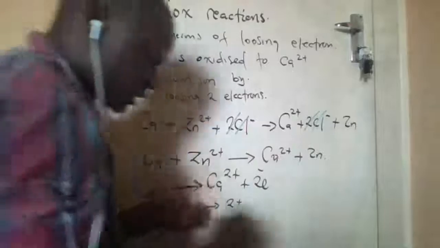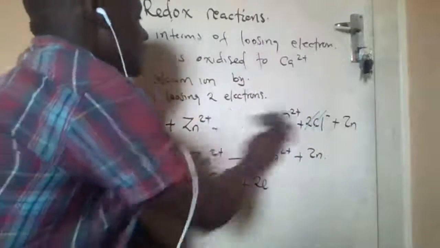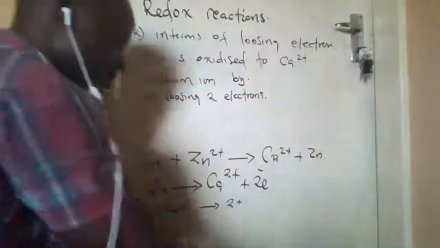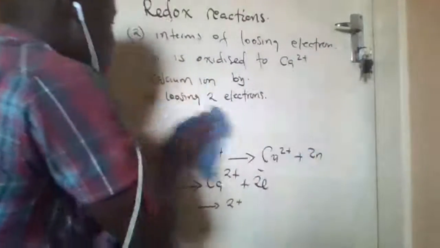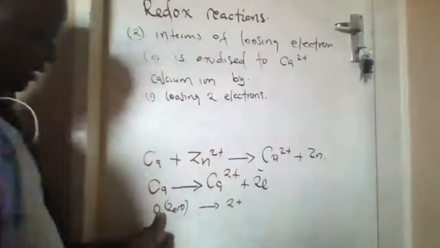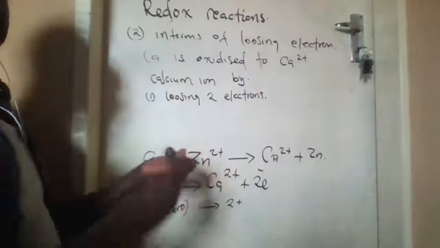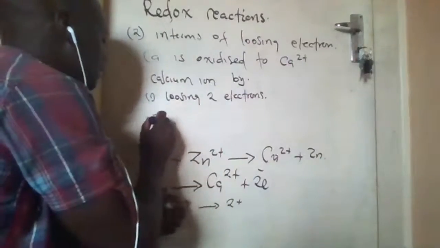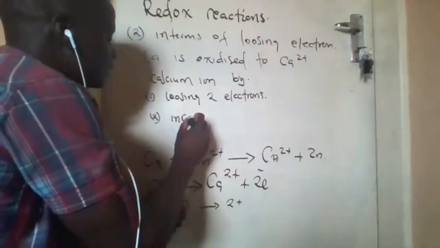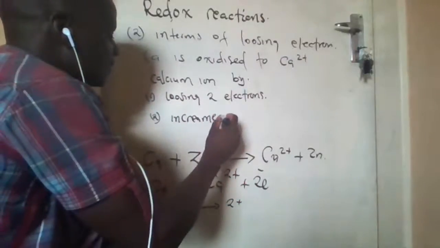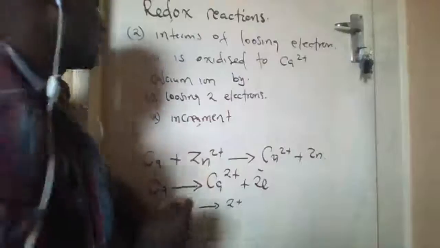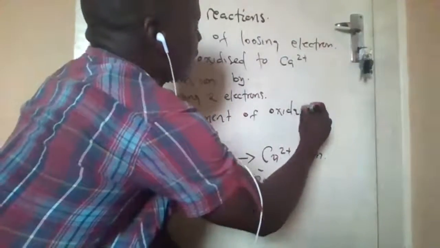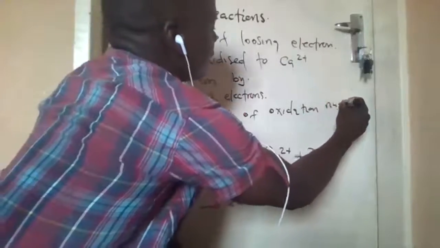Two, how can you also justify the statement that calcium has been oxidized by having the oxidation state, or the oxidation number, increasing from 0 up to 2? By the increment of oxidation number.